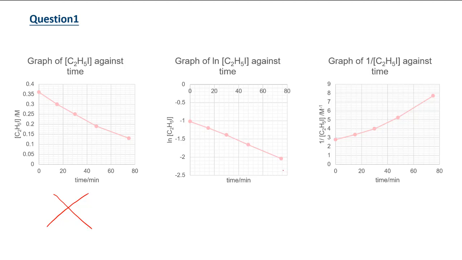And then the second graph, where you use ln concentration for the y-axis against time, you will see a straight line. So yes, this is what we are looking for. The graph of ln concentration against time shows you this is a first order reaction. Obviously the third graph looked like a curve, so this is also not what we want.